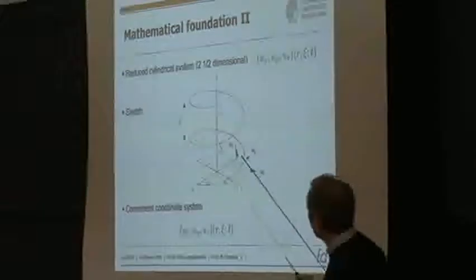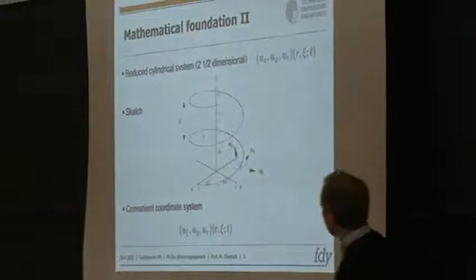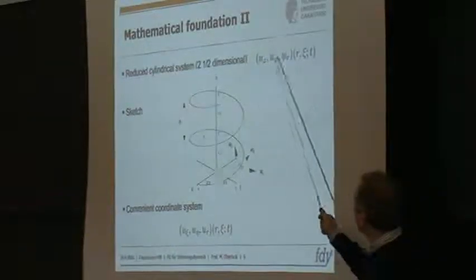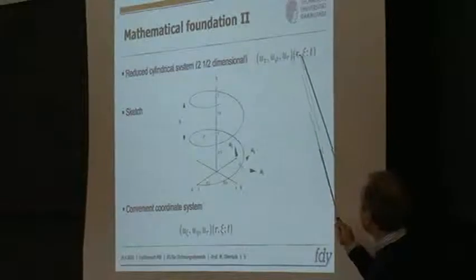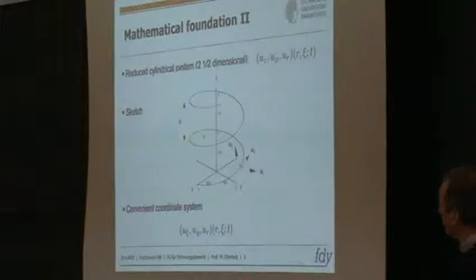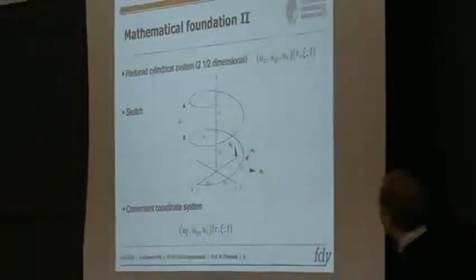Sometimes these kinds of reductions are called 2.5 dimensional, since we still have three velocities, but apart from that, we only have the r and the psi here, which, remember from the previous page, is essentially this type of helical coordinate.